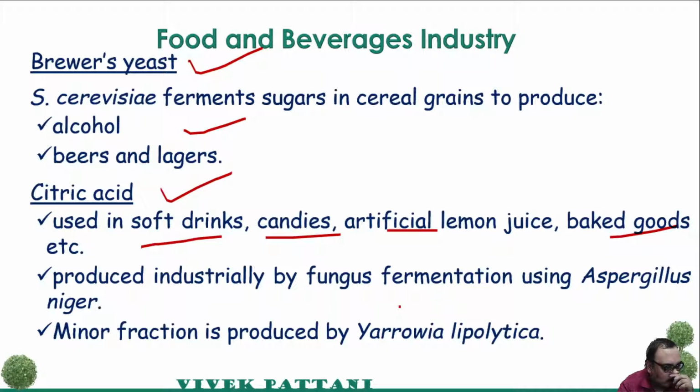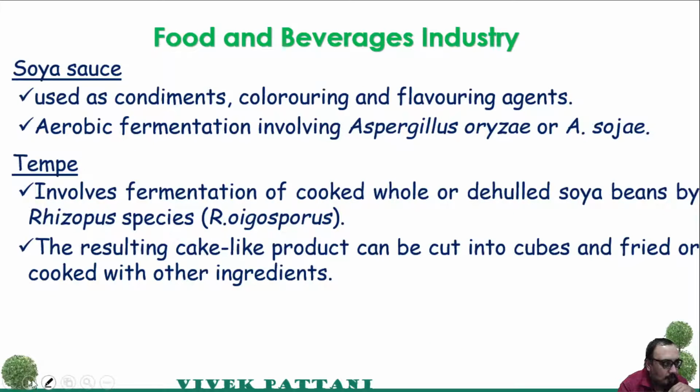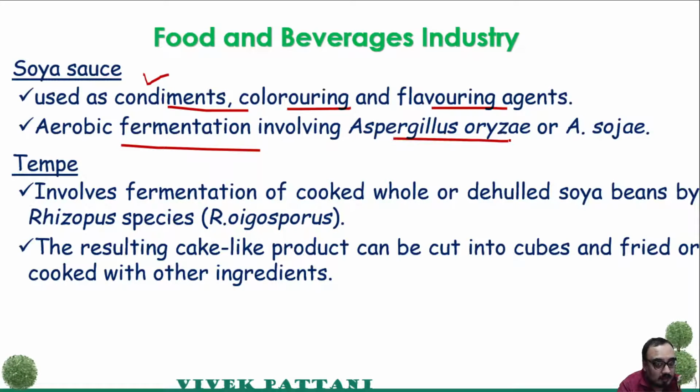which is produced by fungal fermentation using Aspergillus niger. Now the next one, soya sauce, used as a condiment or coloring or flavoring agent, and it is produced with the help of aerobic fermentation, which involves Aspergillus oryzae or Aspergillus sojae.